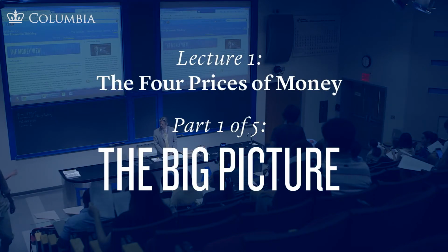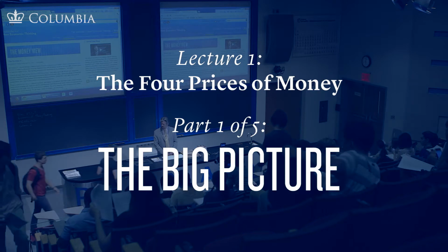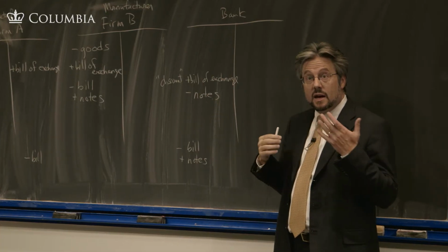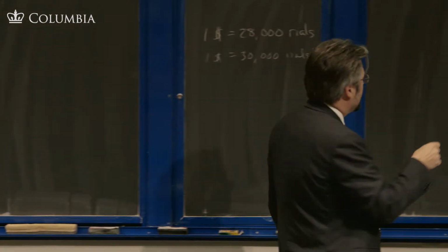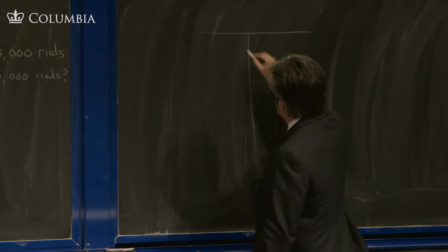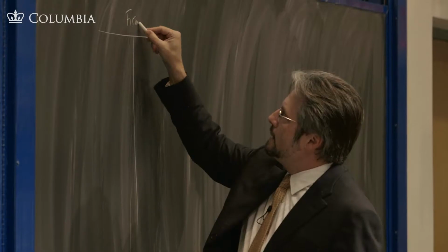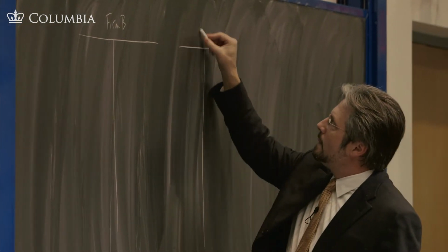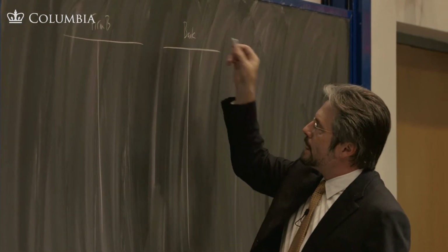One. I've shown, this is the extreme case where firm B gets notes, okay? There's another case, which I'll show over here. Let's just think about alternative relations between firm B and the bank, just to introduce two other concepts here, okay?